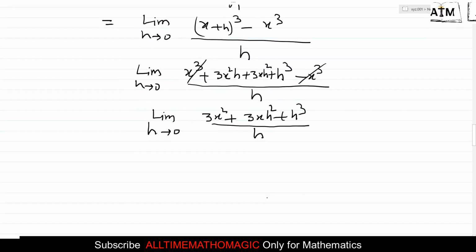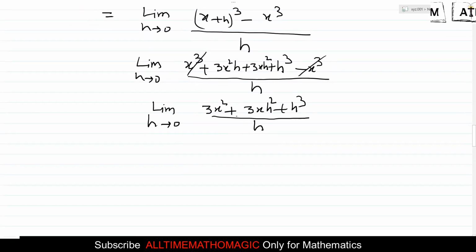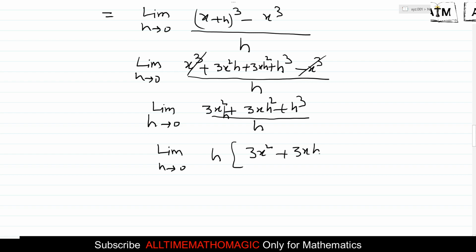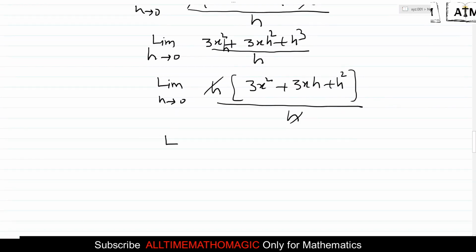After that, what do you do? We can take h common. So we get h times 3x square plus 3xh plus h square upon h. h gets cancelled. So what do you get here? Limit h tending to 0 of 3x square plus 3xh plus h square.